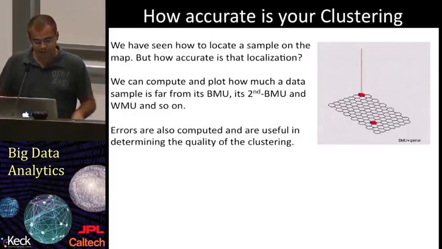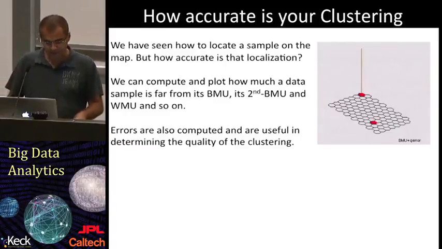Now, we have seen how to locate a sample on the map, but how accurate is this localization? Of course, all the samples are located somewhere on the map, but luckily we can compute two types of errors that tell us if this mapping is good or not. Besides the best matching unit, we can also compute the second best matching unit and the worst matching unit.